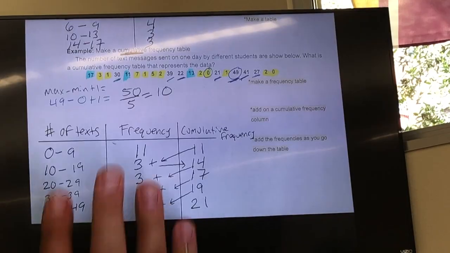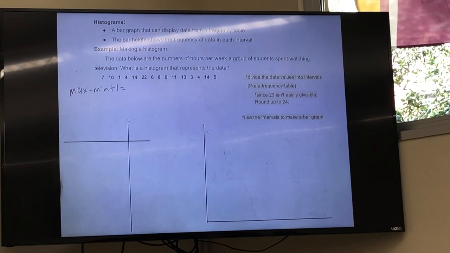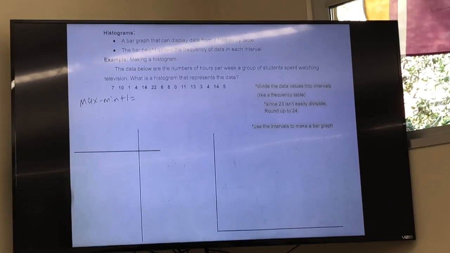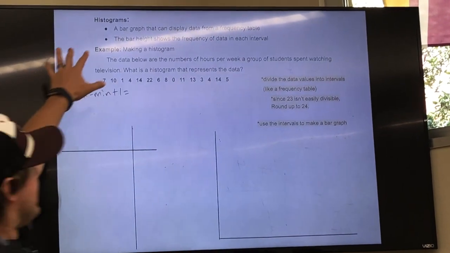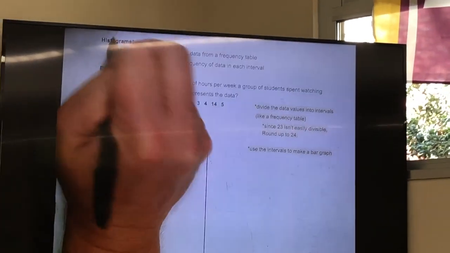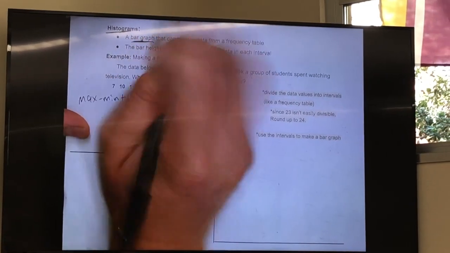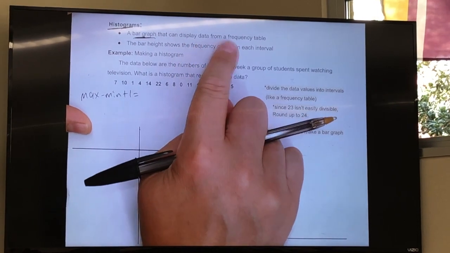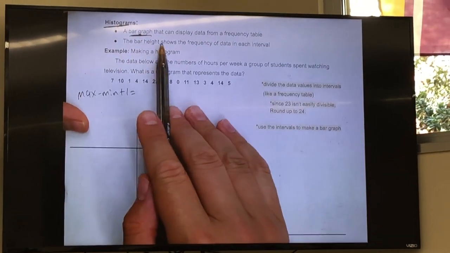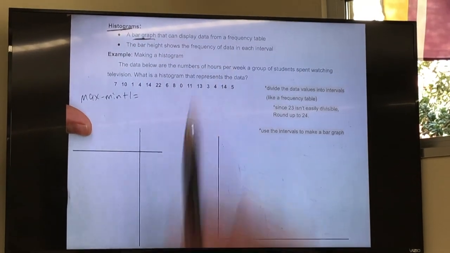Now we are flipping to the back side. Our next example is the same thing, except we're going to add a histogram, which is a bar graph. A histogram is a bar graph that can display data from a frequency table. The bar graph height shows the frequency of data in each interval.